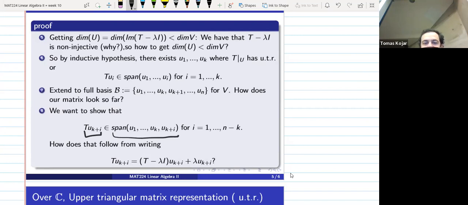I just added and subtracted lambda I UKI.